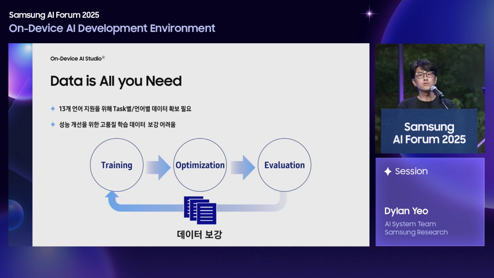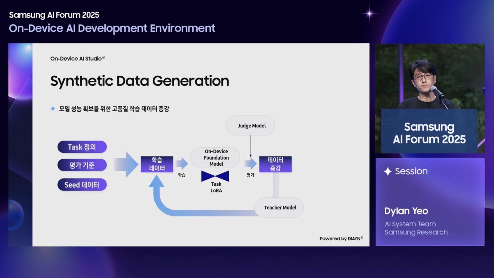In practice, data quality and coverage determine model performance in many cases. AI Studio automates the most time and labor-intensive part of LoRa fine-tuning, securing high-quality training data.